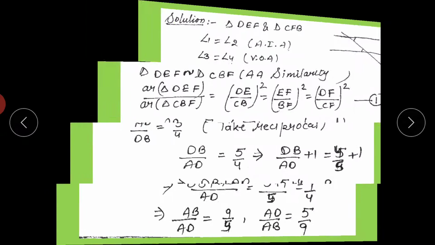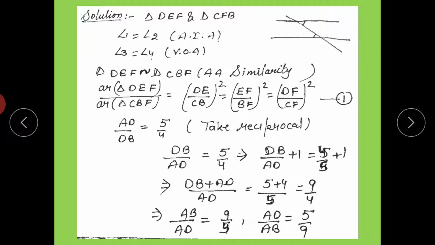Similarly angle 3 is equal to angle 4, vertical opposite angles. So in triangles DEF and CBF, angle 1 equals angle 2 and angle 3 equals angle 4, so triangle DEF is similar to triangle CBF by the angle similarity criterion.